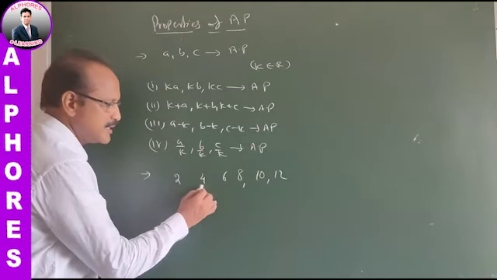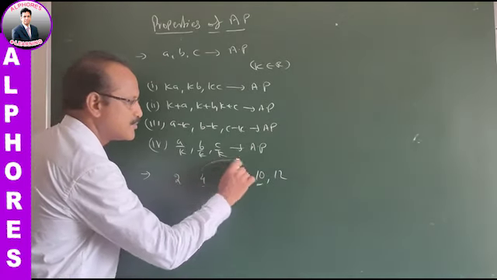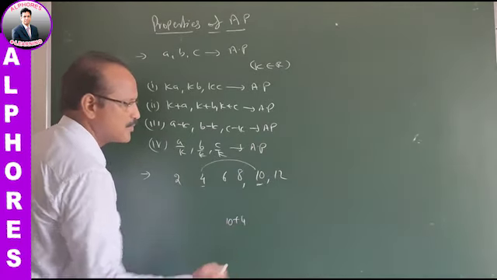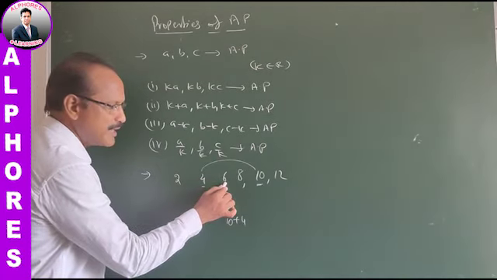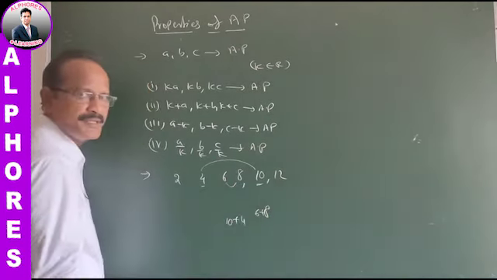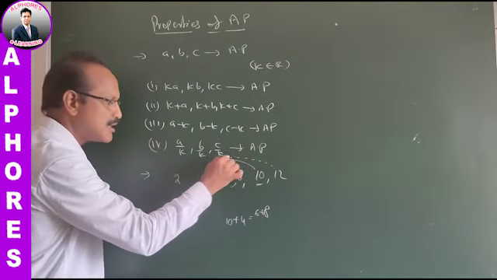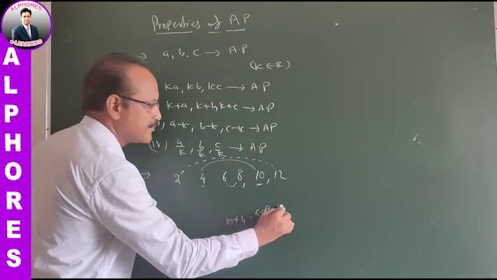For example, 10 is the second term from the beginning, 4 is the second term from the ending. Their sum is 10 plus 4, and the third term from the beginning and the third term from the ending, their sum 6 plus 8, right, is 14, and the sum of the first and the last is also 14.